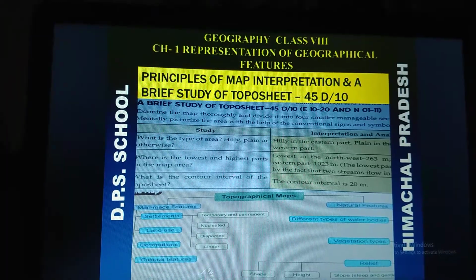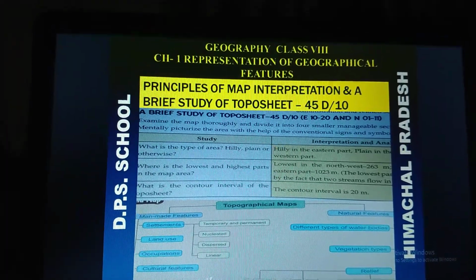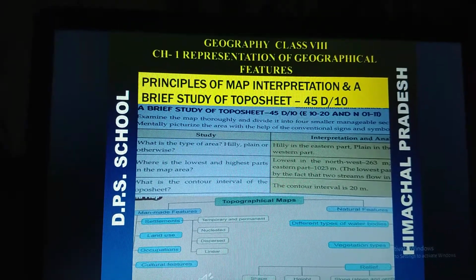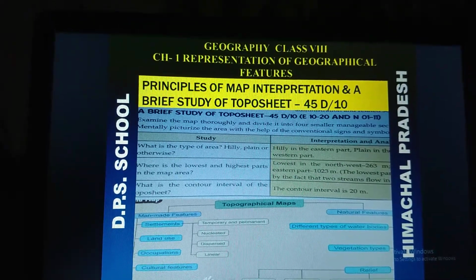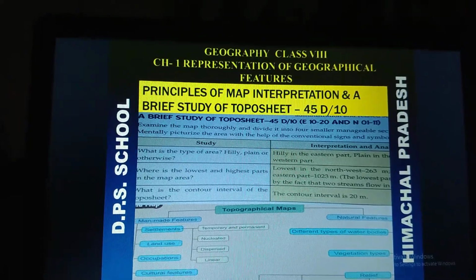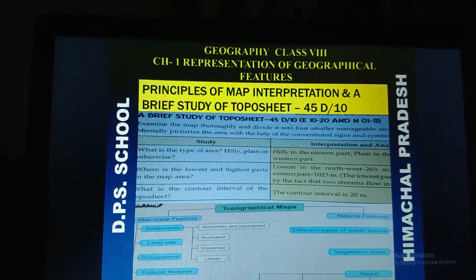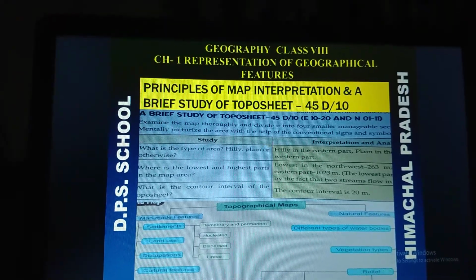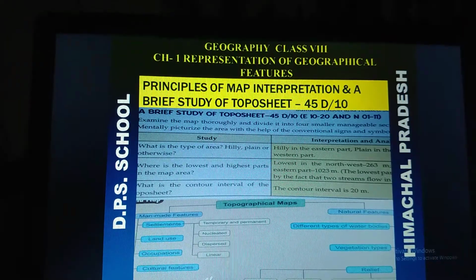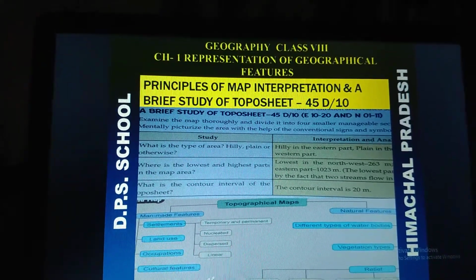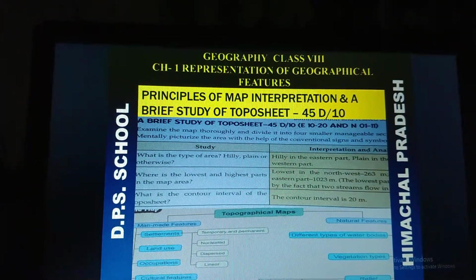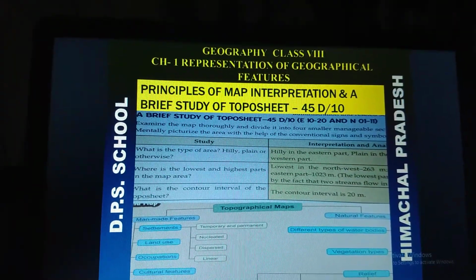Then we see, are there any notable features of relief? The presence of the narrow, long plain along the streams. Then what are the natural features visible on the map area? They are steep slopes, gentle slopes, streams, broken ground, dry stream beds, rock outcrops, causeways, dry tanks and rock.